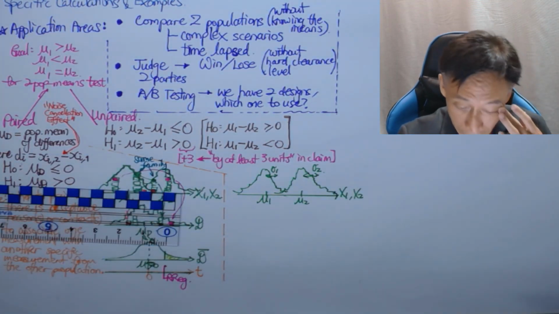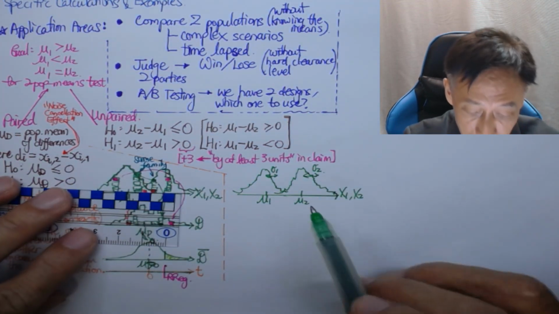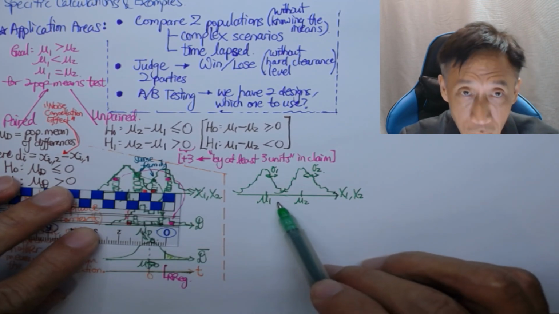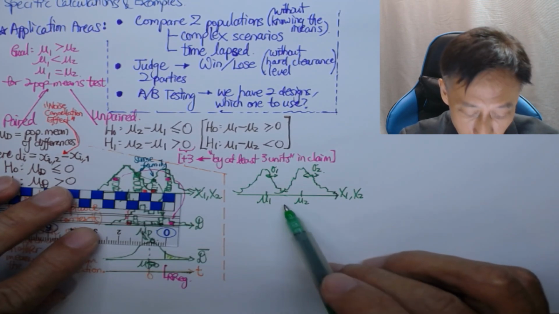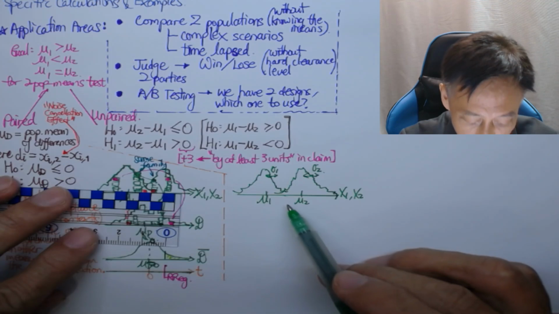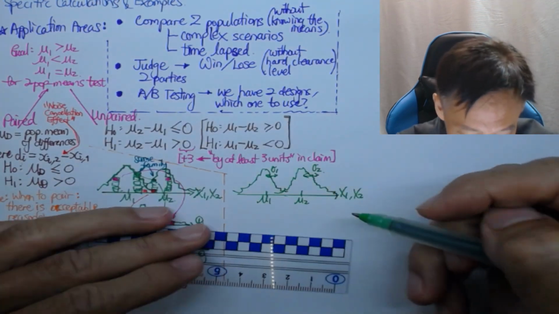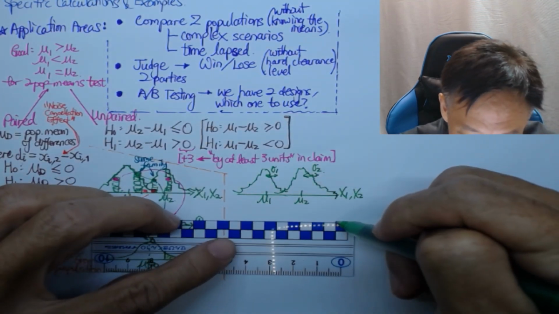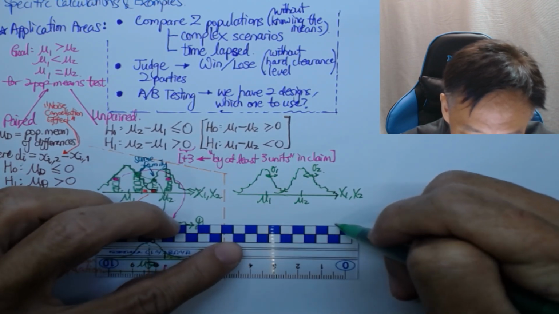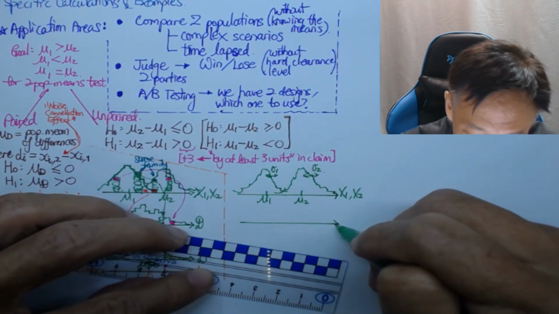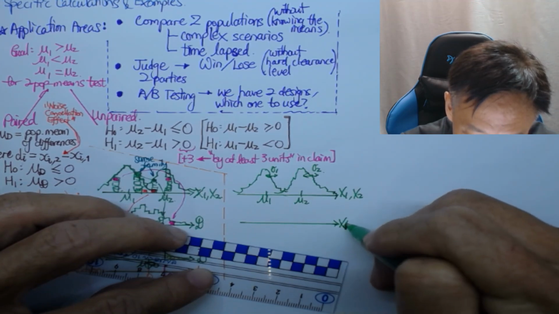Okay. And what happens is that we will sample from x1 to produce x1 bar. Yeah, so we will sample and we will produce x1 bar and x2 bar.